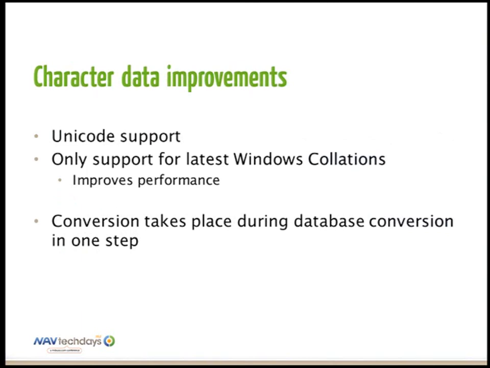We made a number of improvements when it comes to character data. We now support Unicode, which means that you can store different languages in the same database. However, there's still only one sorting supported. We only support Windows collations now instead of SQL or the old Windows collations for that matter.